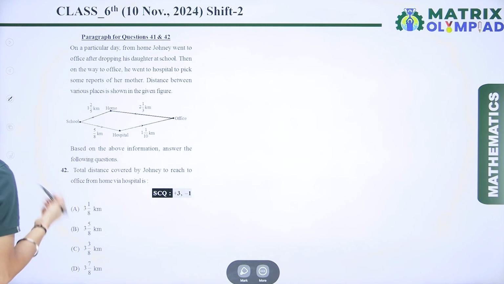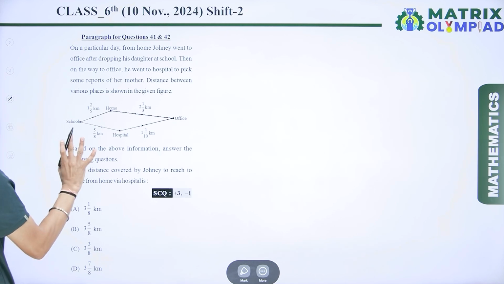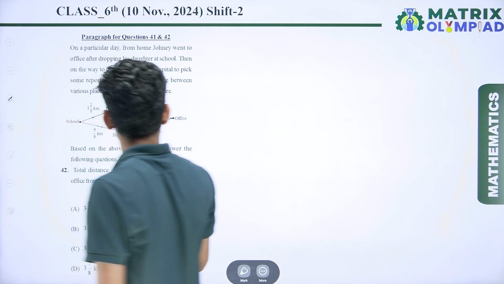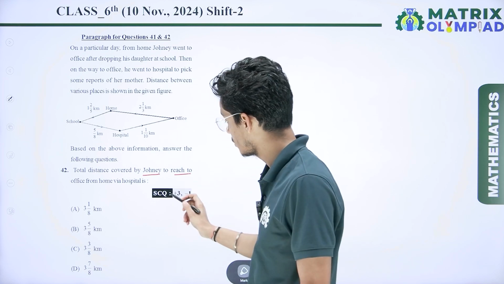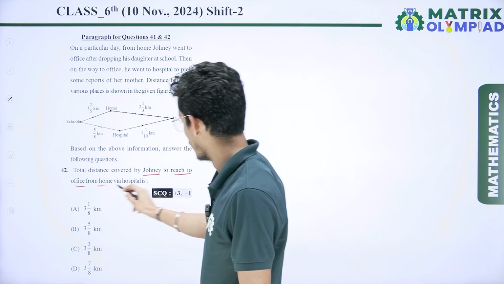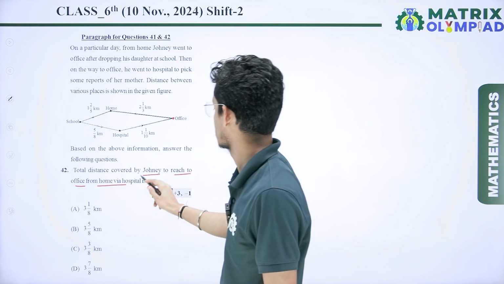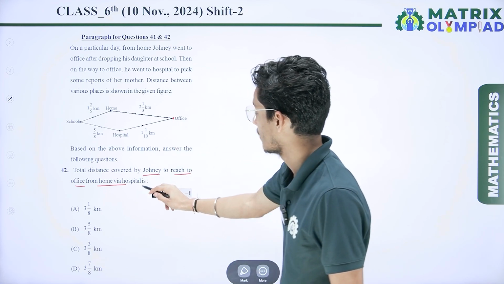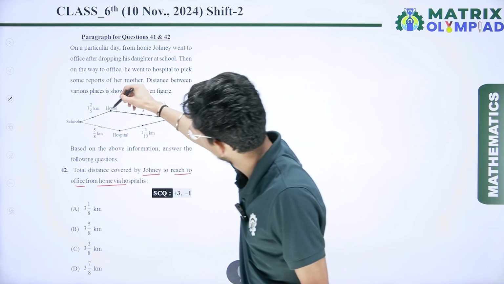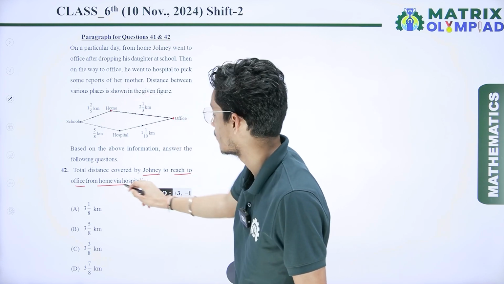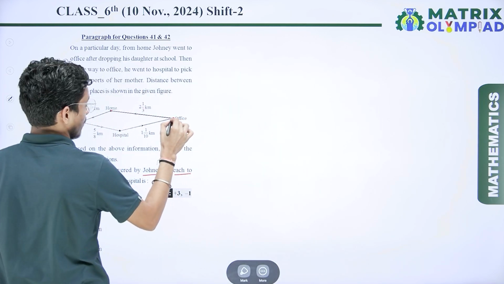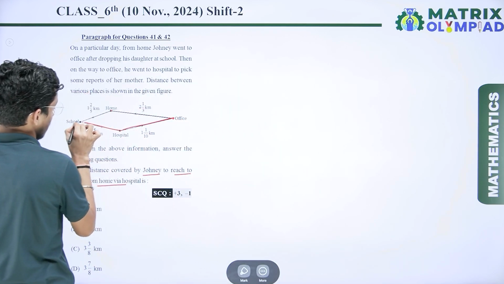So now if I talk about the next question, which is again based on the same paragraph, the question is the total distance covered by Johnny to reach the office from home via hospital. So where is office? Here, and he wants to reach home via hospital. So it means Johnny covered the distance from here to here, and then here, and then here.